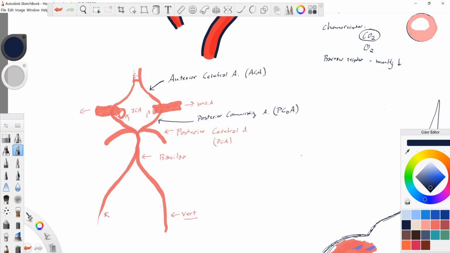And the tiniest artery of them all, that is the anterior communicating artery, or ACOA.